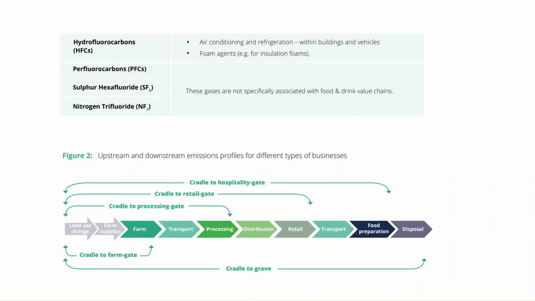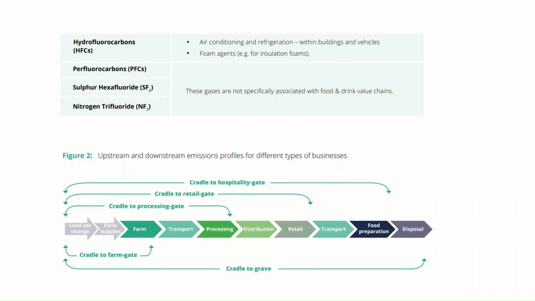If you are using cradle to grave, whatever comes before the disposal would come under the upstream emissions, and whatever comes after the disposal would come under the downstream emissions. Whereas in cradle to gate, we do not consider whatever happens after the disposal, so only the upstream emissions would be considered.